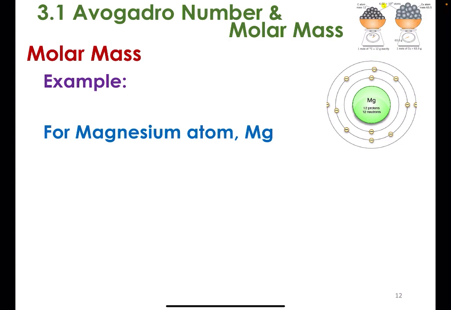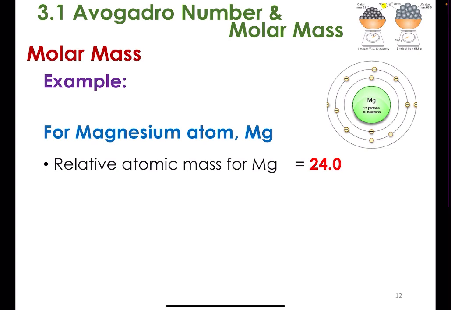The relative atomic mass for Mg depends on the value that you got from the RAM table. So the RAM table, the value for relative atomic mass for Mg is 24.0. And sebab dia relative, dia tiada unit. So bila dia tiada unit, you have to be careful. Just put the value only.